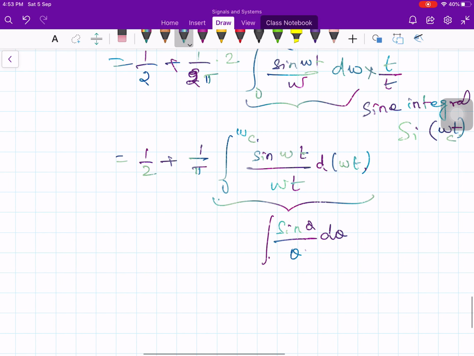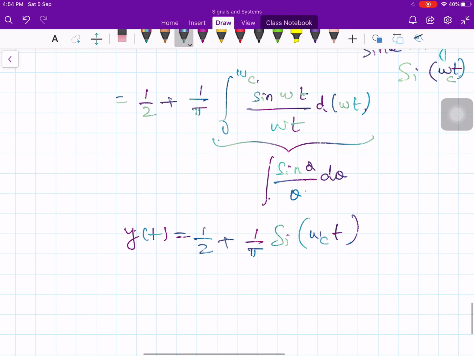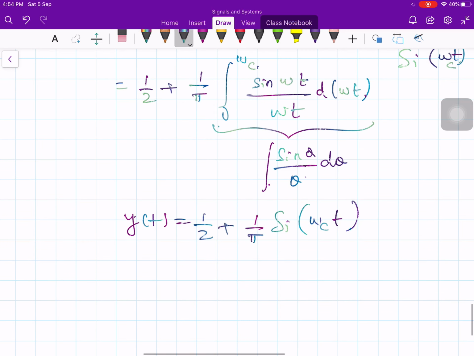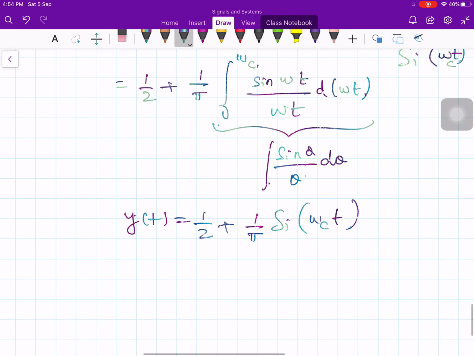So your y of t is equal to 1 by 2 plus 1 by pi Si of the upper limit omega c t. Now if you evaluate this, this 1 by 2 is a constant, a DC term.